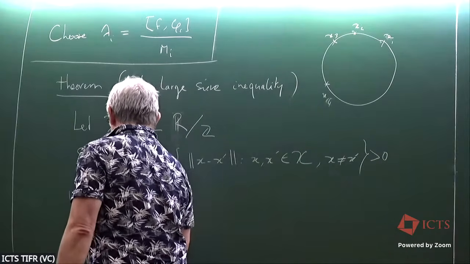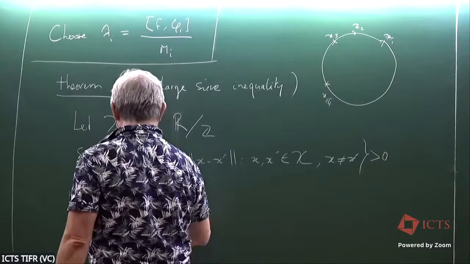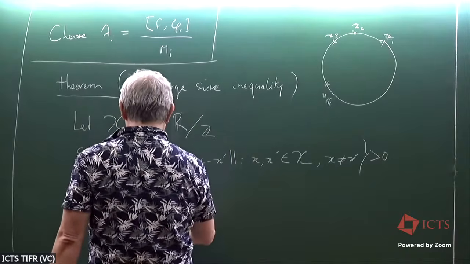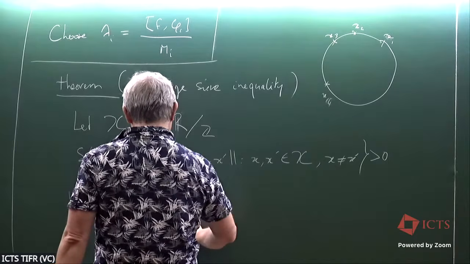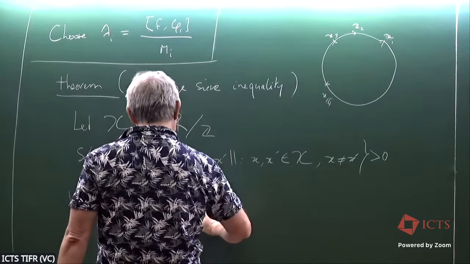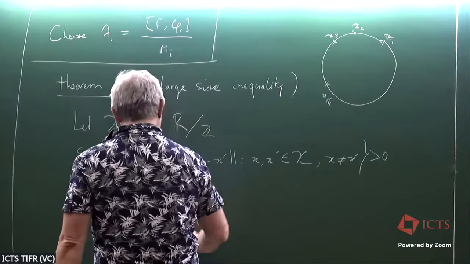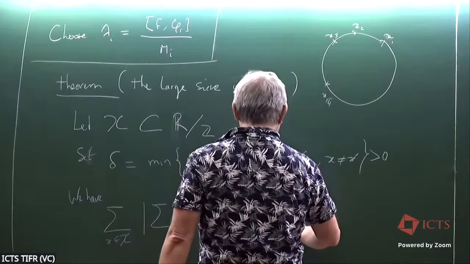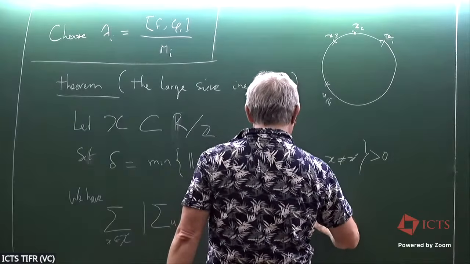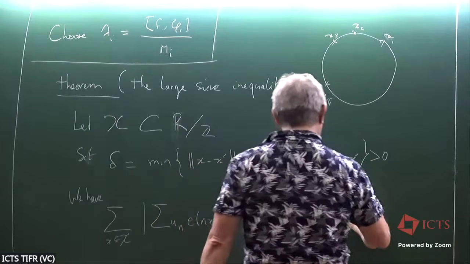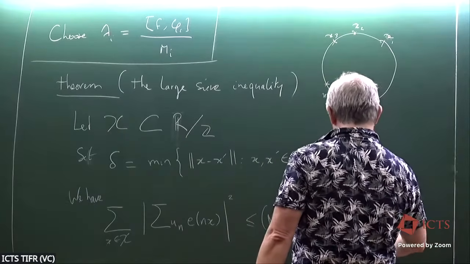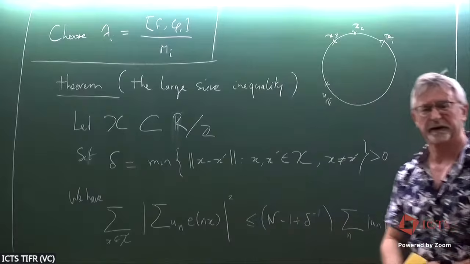Sum for x belonging to capital X of the sum of un e(nx), squared, is less than n minus 1 plus delta minus 1, times the sum of un squared. Okay?